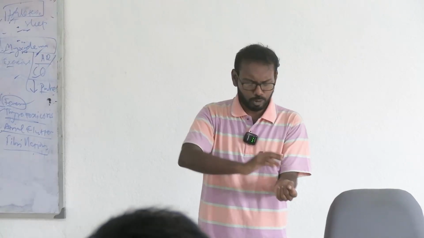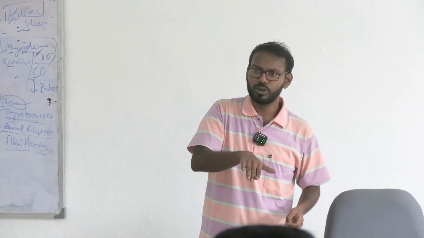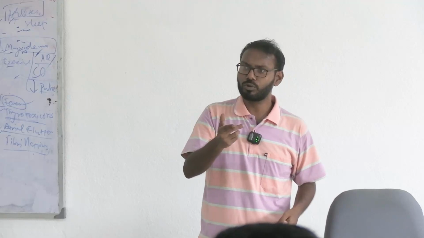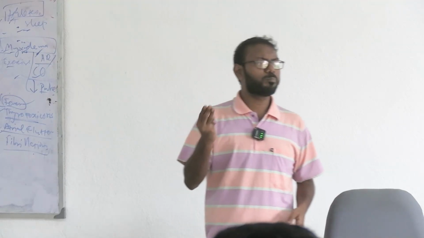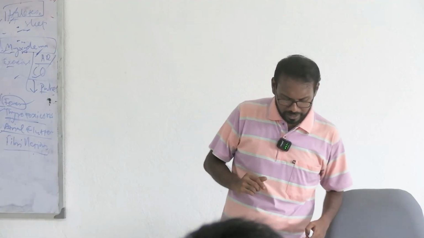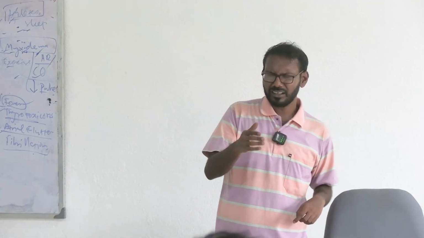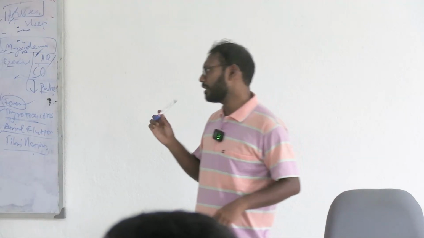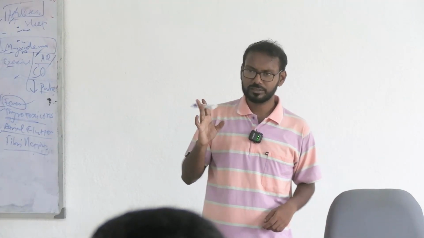Why? Because that is the actual force you are applying to negate the blood flow, to negate the pressure. So that's your force. Okay. So the amount of pressure your proximal finger needs to completely obliterate the feeling of your pulse is called force. So this is your force. This is an approximate measurement of your systolic blood pressure. Okay?